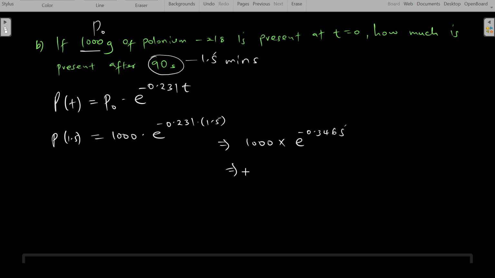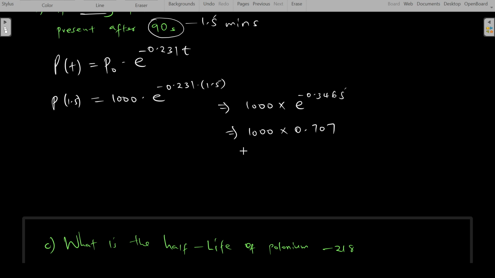If we continue cleaning this, we get 1,000 multiplied by e raised to this value, which is simply 0.707. If we clean that again, we should get our answer as 707 grams. So after 90 seconds, P of t, the remaining amount, is 707 grams.